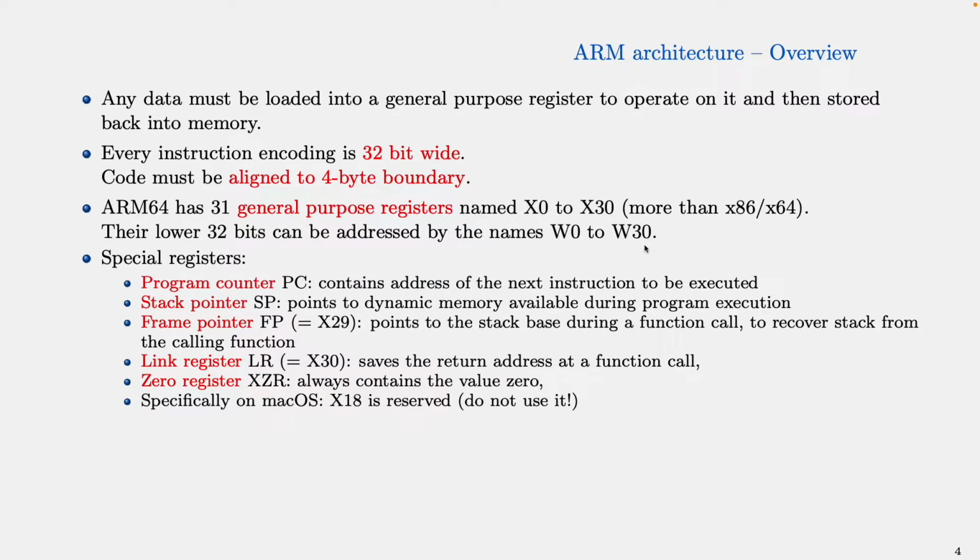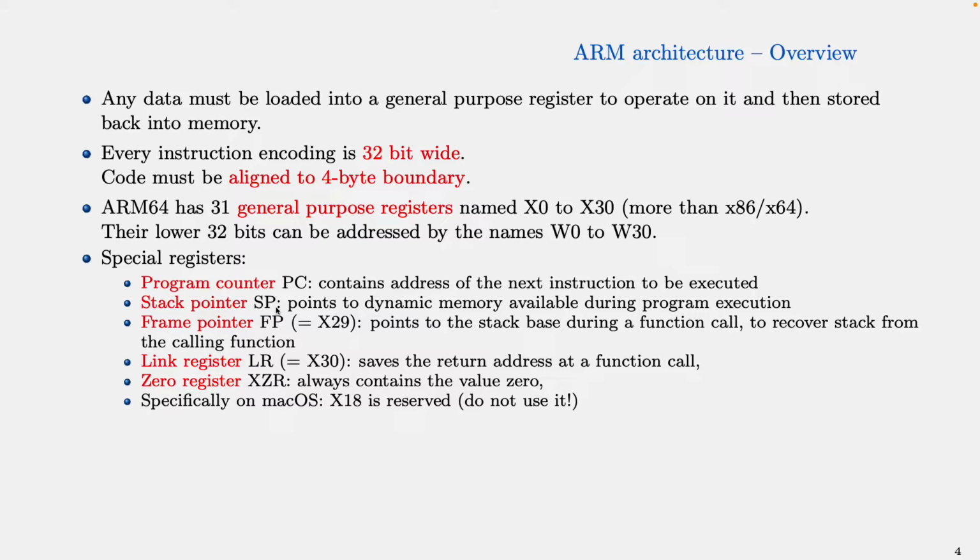We have some special registers. First, the program counter, PC, which simply contains the address of the next instruction that is to be executed by the processor. So this corresponds to the instruction pointer on the x64 architecture. Then the stack pointer, which simply points to the top of the stack memory.